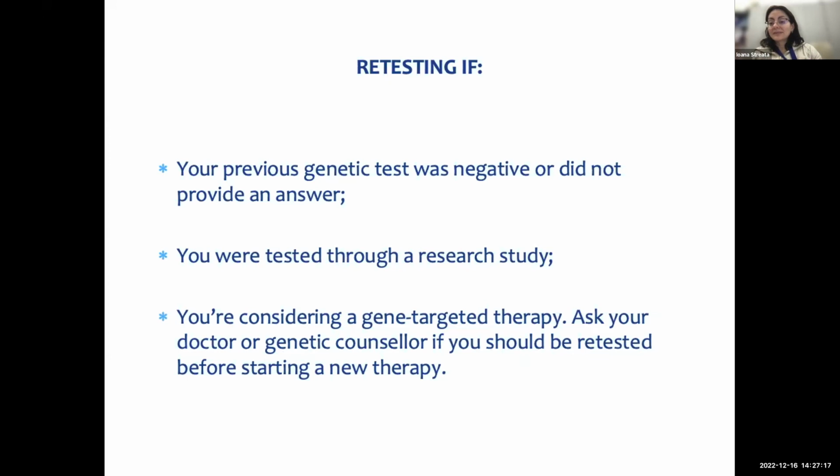Also, sometimes genetic testing can be done through research studies, and the result is, let's say, for research use only. And if we want to have access to new therapies that are on the market, or sometimes we need to have the test done in a diagnostic laboratory.